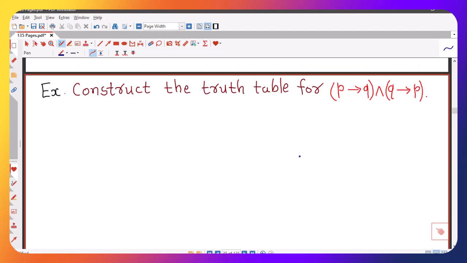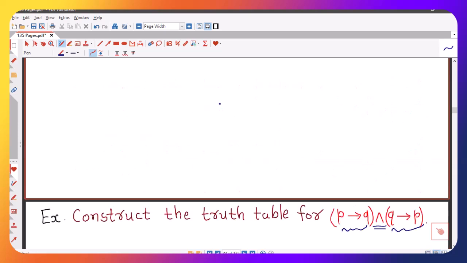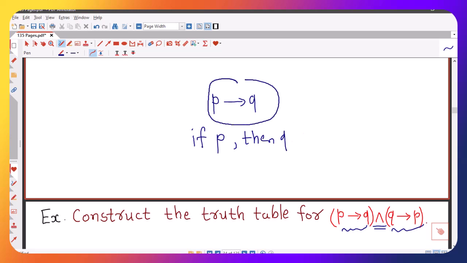Next truth table is for the conjunction of P implies Q and Q implies P. Before that we recall the definition of this conditional statement. This means if P is true, then Q, and we know that this is false if P is true and Q is false, and otherwise it is true.